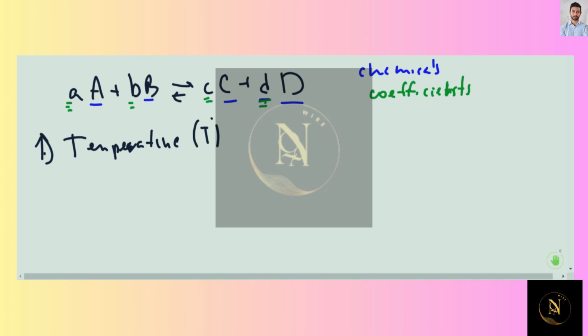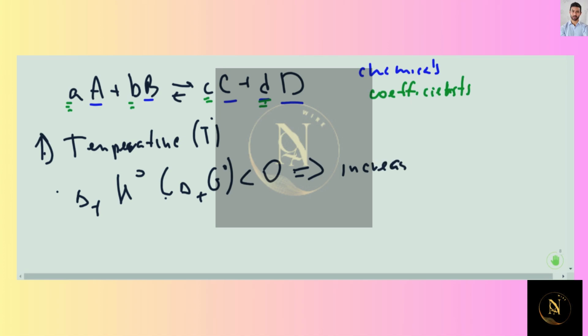Therefore, we need to know the sign of delta H of the forward reaction, or delta G of the forward reaction. So if it's negative, so the forward reaction is exothermic, then we have to increase the temperature of the reaction to shift the equilibrium to the reactants.